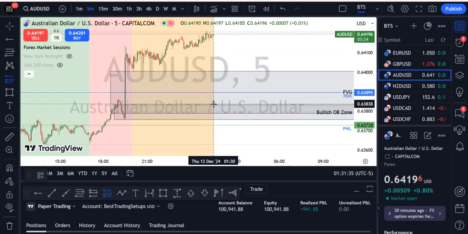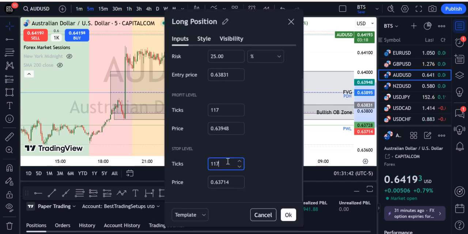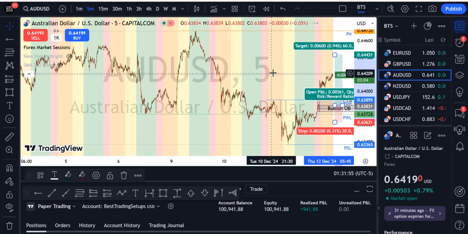So we wait for price to come into this region, tap this order block, stop loss also 20 pips. So we are trying to get an RR of 1 to 3 or more, basically 1 to 3.